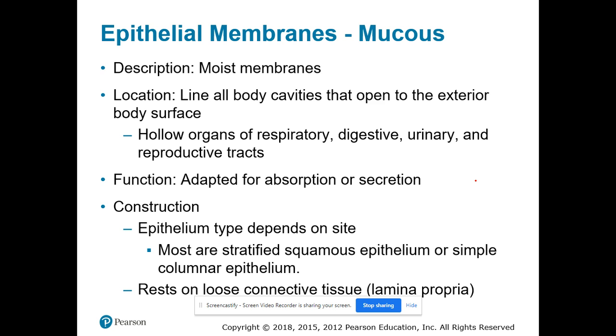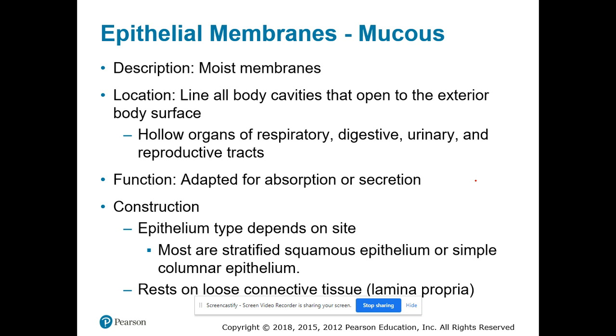The next one is your mucous membrane. If I had to give a description about your mucous membrane, it's often called a moist membrane. Think of what the word mucus means. The location is it likes to line all body cavities that are open to the exterior body surface.